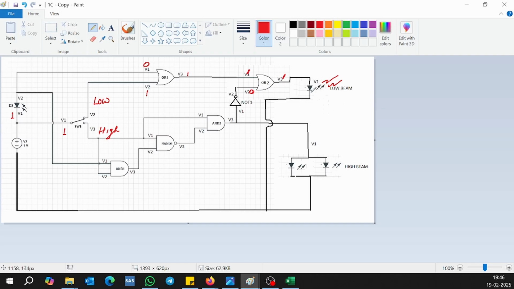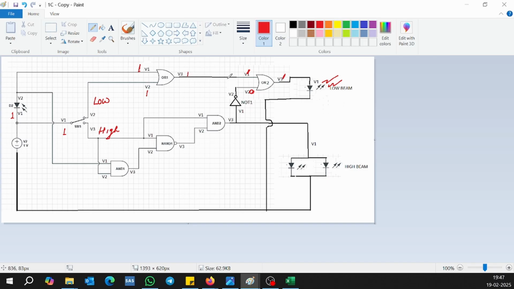Now see what happens. Suppose you are going on a low beam and there is another vehicle coming from the opposite direction, and he hits you with his beam. So this sensor will start conducting. When this starts conducting, this 0 becomes 1. But you know what? This is an OR gate, so the output doesn't change.